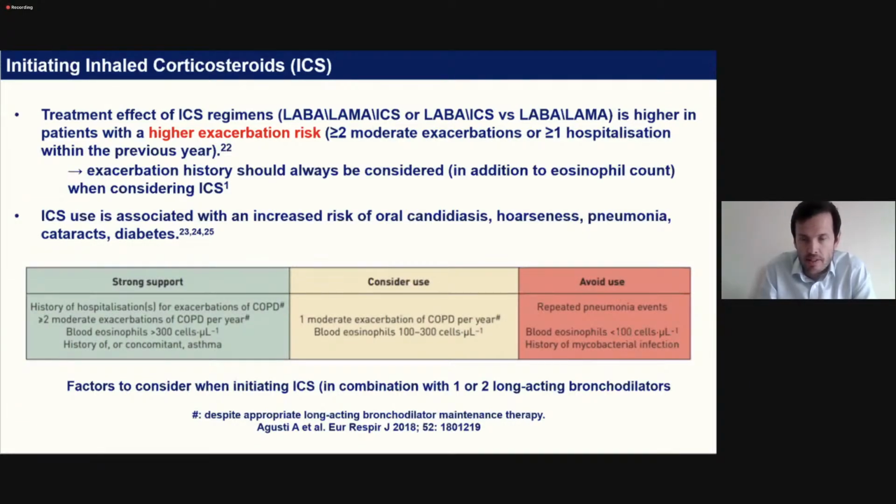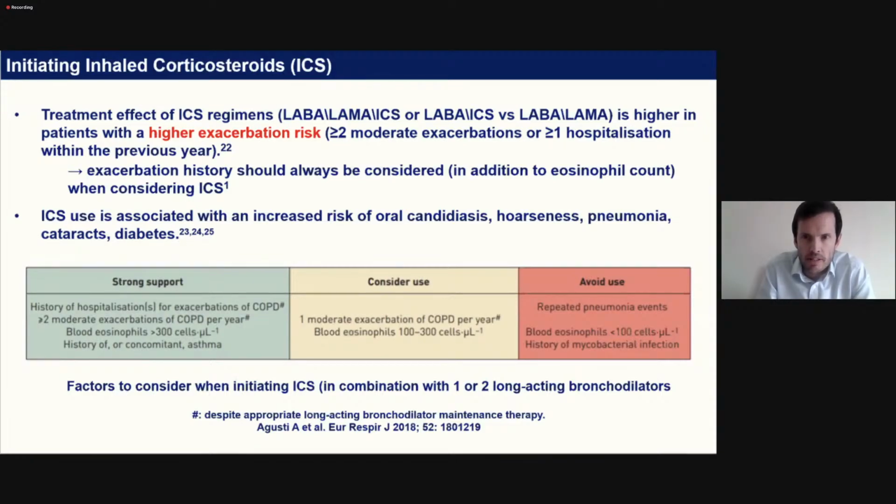However, ICS use, as mentioned, is associated with adverse events and should always be initiated with caution. Previous randomized control trials have shown that ICS treatment is associated with oral candida, hoarseness, pneumonia, cataracts, and diabetes. This table, which I took from a paper published in the European Respiratory Journal, nicely summarizes the points which should be considered when ICS regimens are being considered.